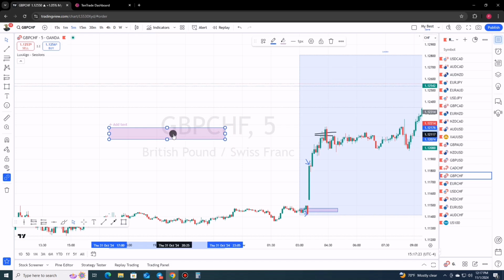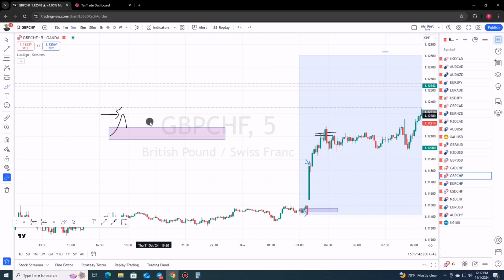If you highlight the first candle like this, let's say price closes above, you place a buy there. What's wrong with my internet? It's a bit slow. You place a buy there, you put your stop loss just below that, right there.